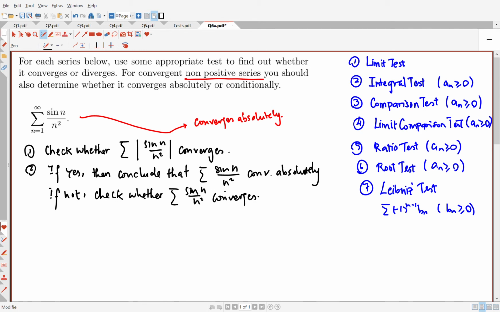If yes, it means the sum of sine n over n square converges conditionally.